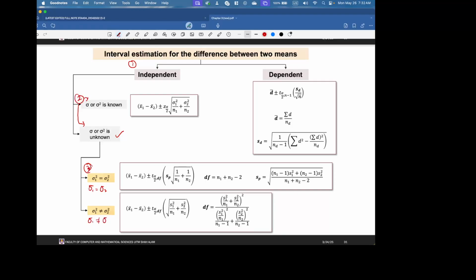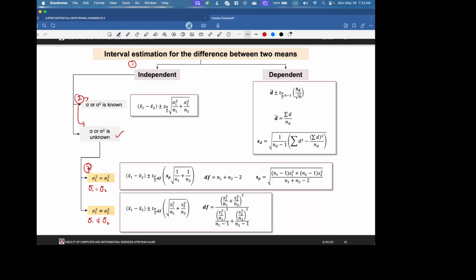It means that they will state in the question whether the groups have equal variances or unequal variances. Variance and standard deviation are interchangeable because you can get variance from standard deviation information, and likewise. So depending on this case, you will have different formulas.